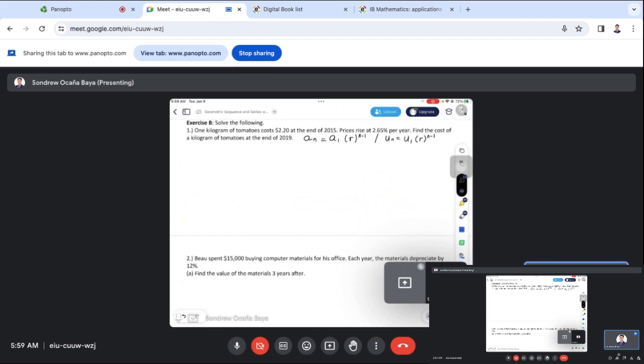So here we are given that at the end of 2015, allow me to use E for end, B for beginning. So it's just shorter. So we have at the end of 2015, the cost is actually $2.20. This is in dollars.